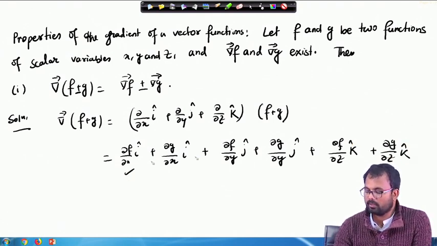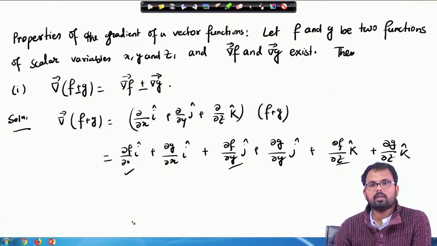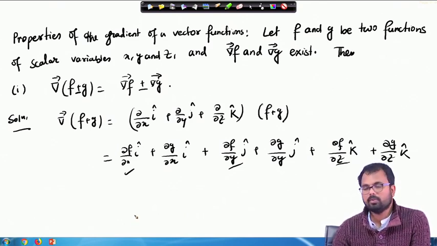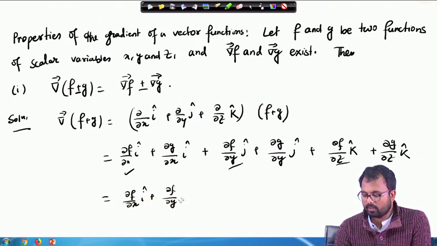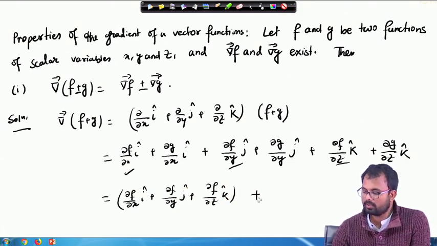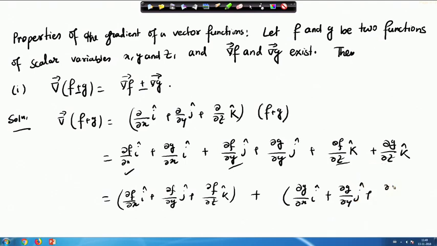Now, we gather the f terms at one place and the g terms at one place. So, this will be del f/del x times i plus del f/del y times j plus del f/del z times k, and then plus we will gather the terms for g: del g/del x times i plus del g/del y times j plus del g/del z times k.